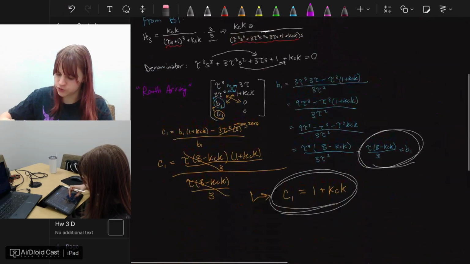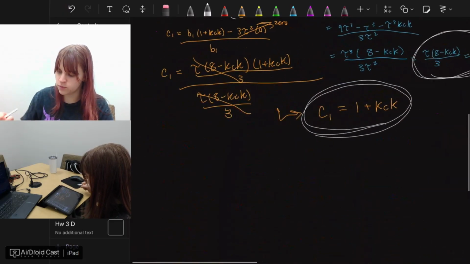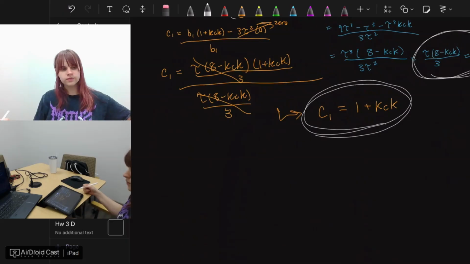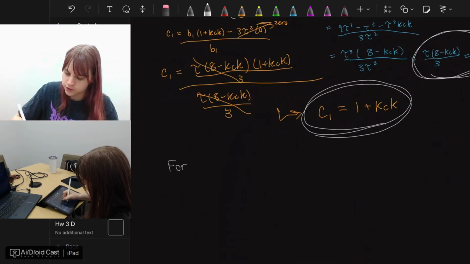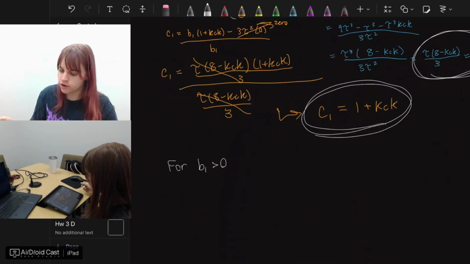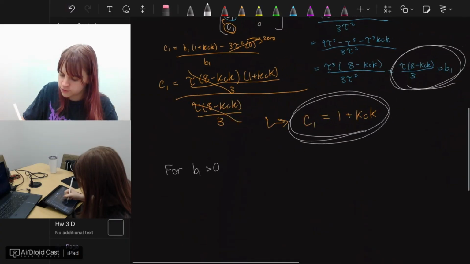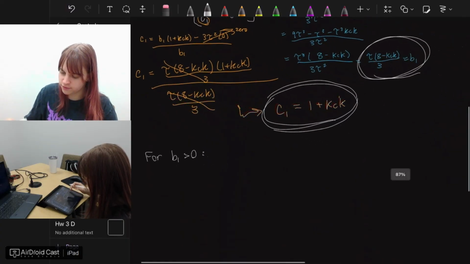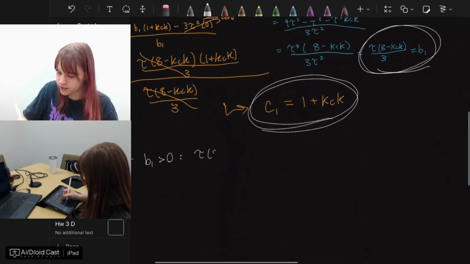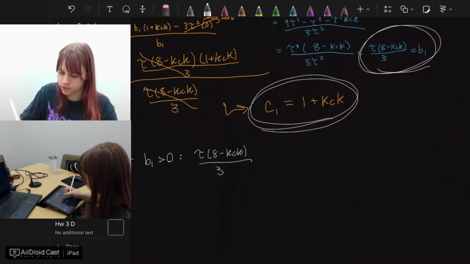And we want to look at our C1 and B1 that we calculated. We want B1 to be greater than 0, aka positive. We have our tau times 8 minus KcK divided by 3. That's our B1.